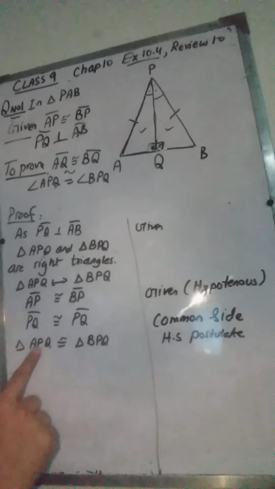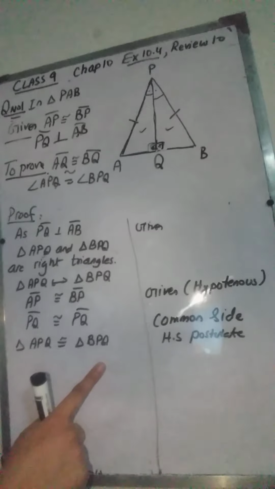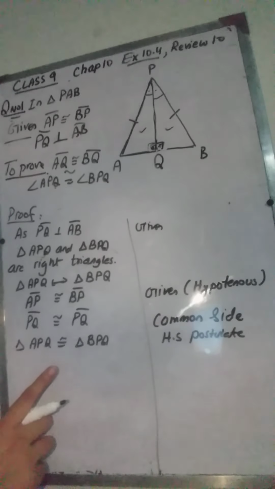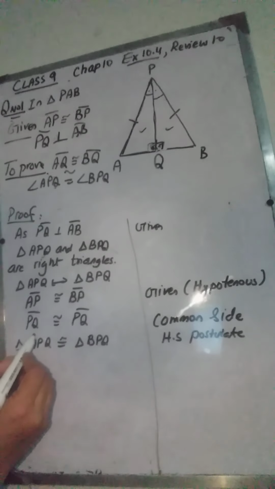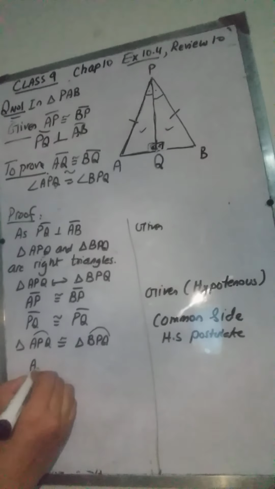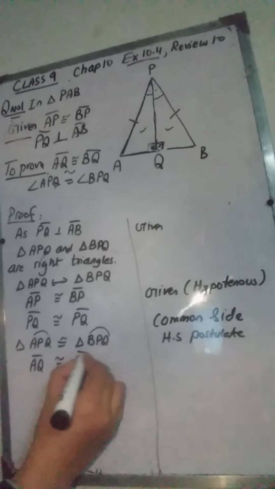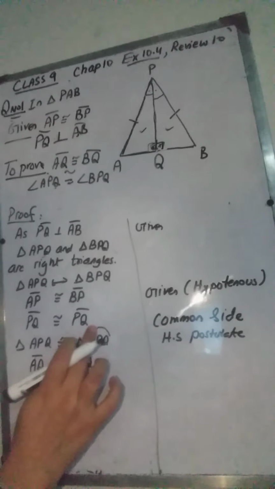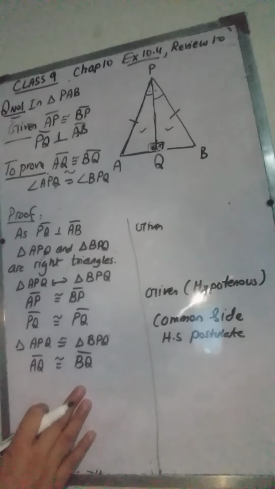Now these two triangles are congruent, which means their corresponding sides are congruent, and corresponding angles are also congruent. Corresponding to AQ, we have the side BQ. So AQ will be congruent to BQ, because whenever two triangles are congruent, their corresponding sides are also congruent.